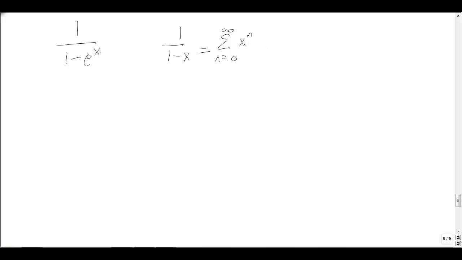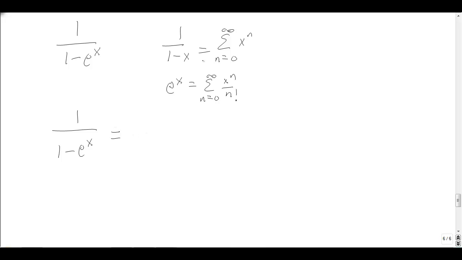So you could put an e to the x in here, but we want this to be a polynomial here. And so what we're going to do is put in a series for e to the x inside of the other series. That feels a bit weird. We're going to get n equals 0 to infinity, x to the n over n factorial. So what we're going to get here is 1 over 1 minus e to the x. I'm just going to write this out here.